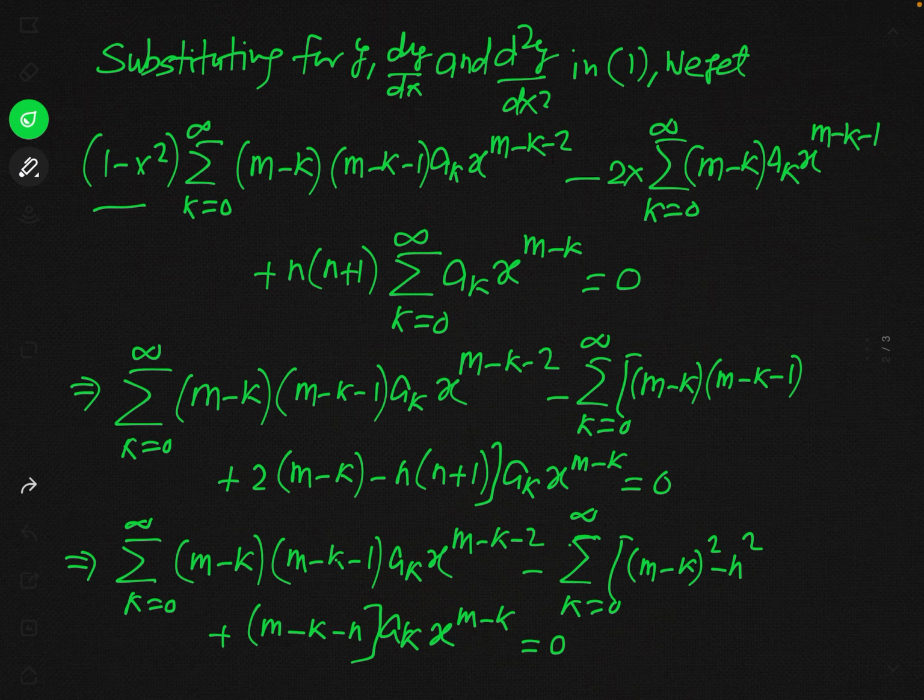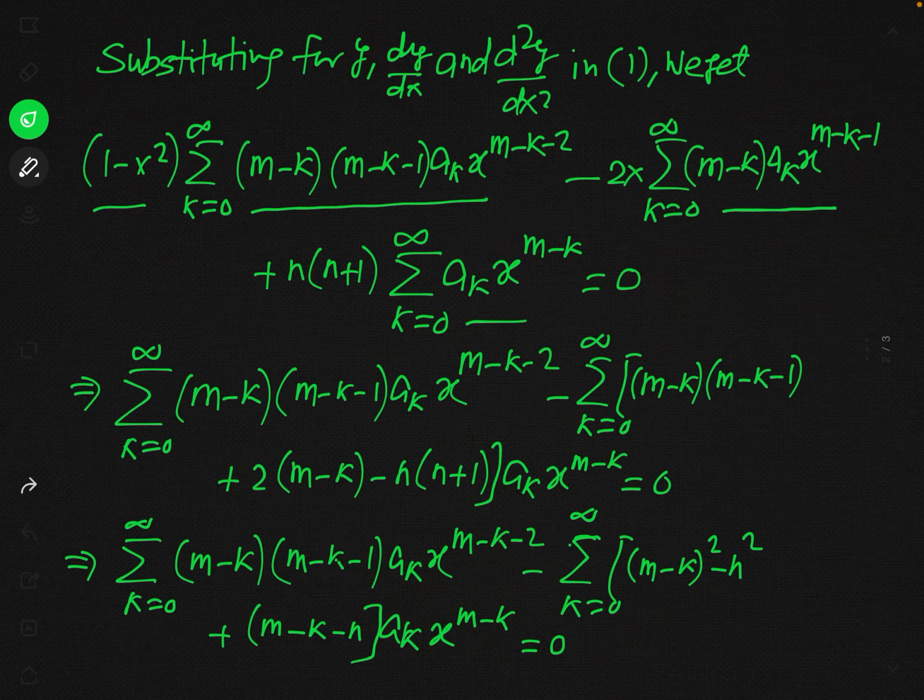The first term in Legendre's equation is (1 minus x square) d2y by dx square, and you have seen that d2y by dx square is equal to this much, so I have substituted this. The second term is minus 2x into dy by dx, and you have just obtained the value of dy by dx, which is summation over k from 0 to infinity (m minus k) ak x to the power m minus k minus 1.